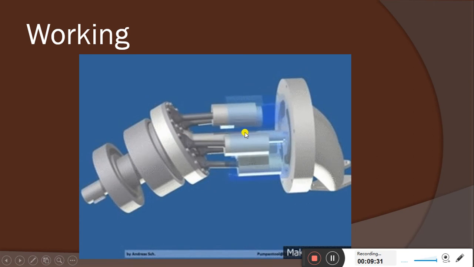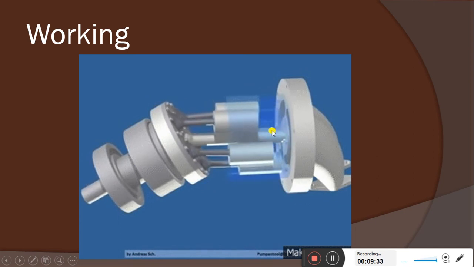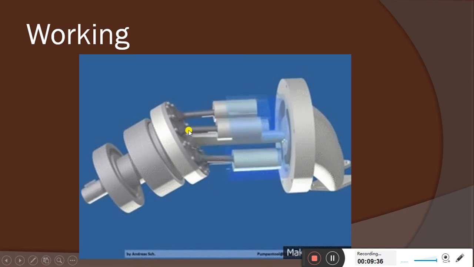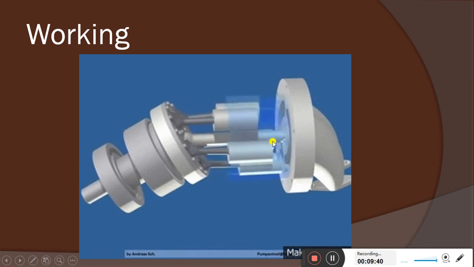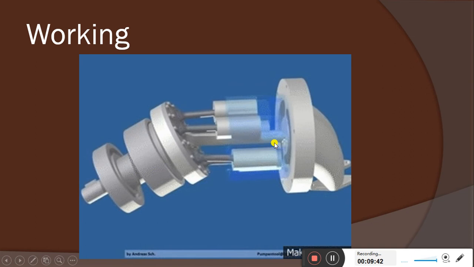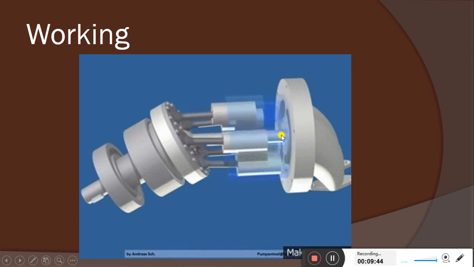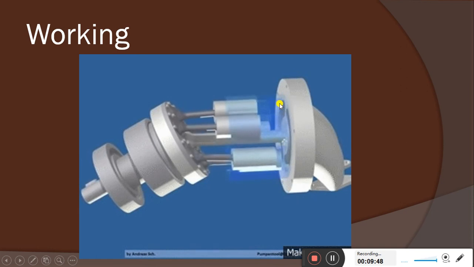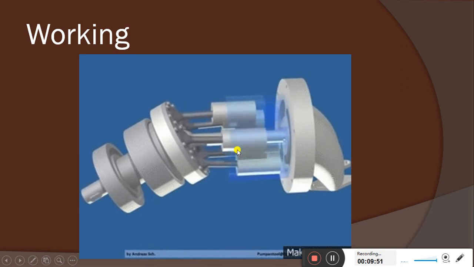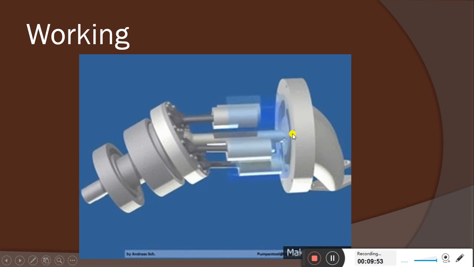Because of that, the barrel rotates. Because of the angle of the driving plate, it will make the piston reciprocate inside the slot provided in the rotating block. Because of that, the suction and delivery can happen in this type of bent axis piston pump.